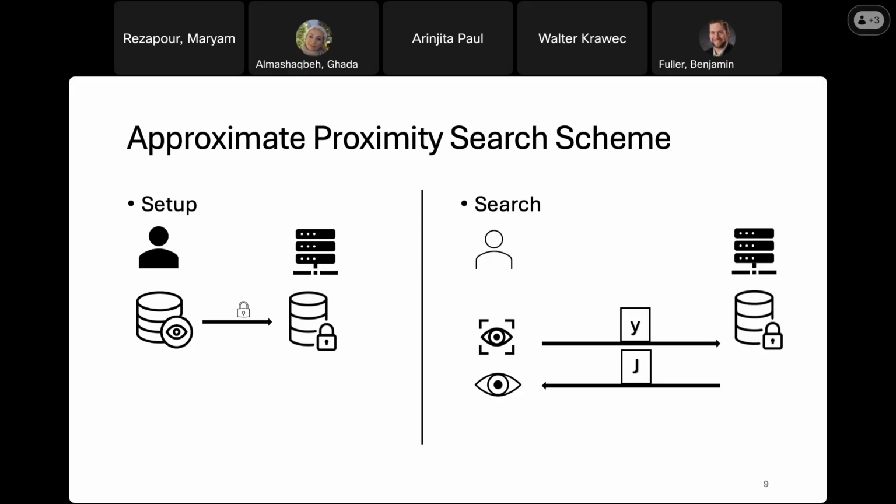Through the search, a user would query their intended biometric using some token that they got, and send the query value y to the remote server. And then the server would return the result value j, which, if the system is correct, must be close to the queried value y.